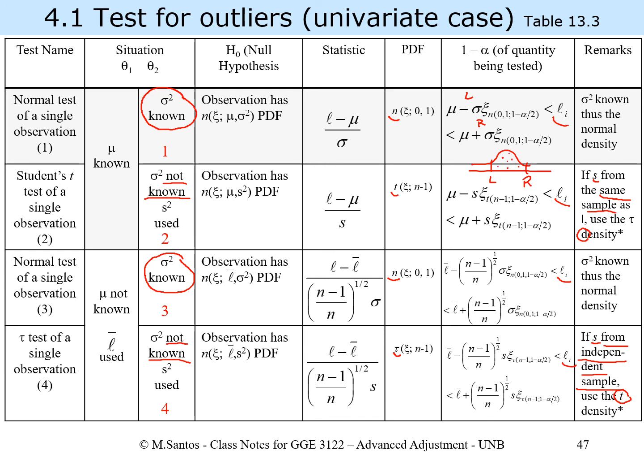Every observation value that lies in the middle will be accepted with 1 minus alpha confidence level. Observations that lie in the outlying areas will be outliers, so the observation will be rejected with a significance level alpha.